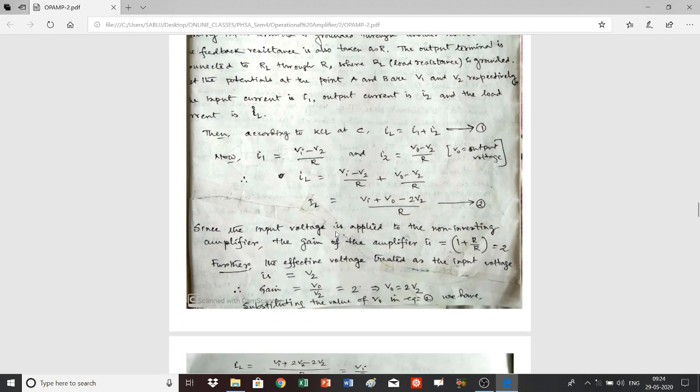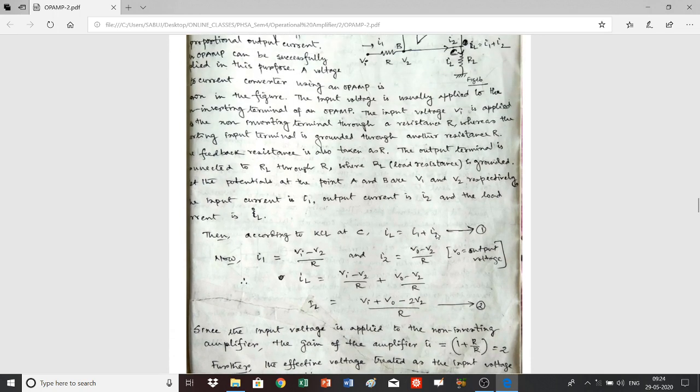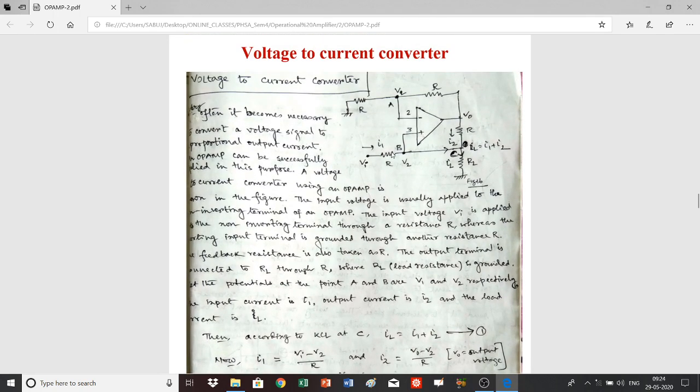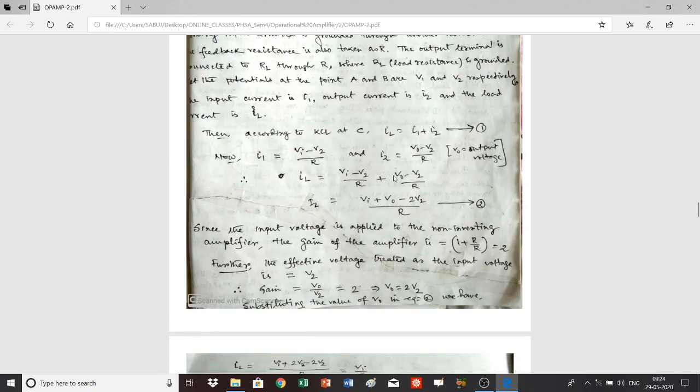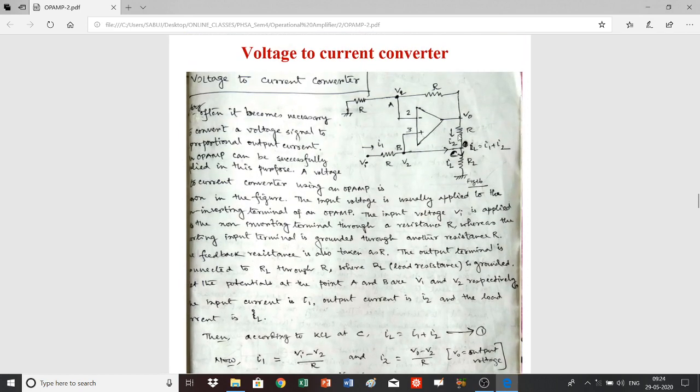Since the input voltage is applied to the non-inverting terminal, the gain of this amplifier will be equal to 1 plus the ratio of the feedback resistance to the input resistance.